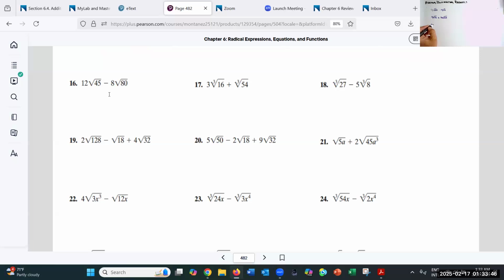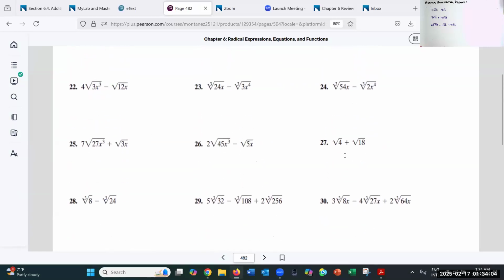Let me try this other one. 2 radical 128 minus radical 18 plus 4 radical 32. And then, 4 times the cube root of 8, minus 5 cube root of 24.